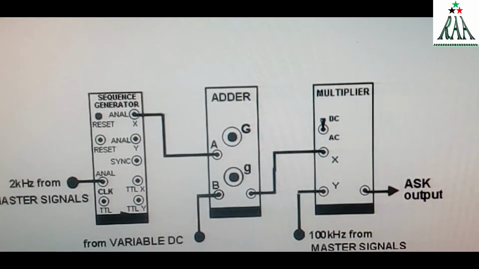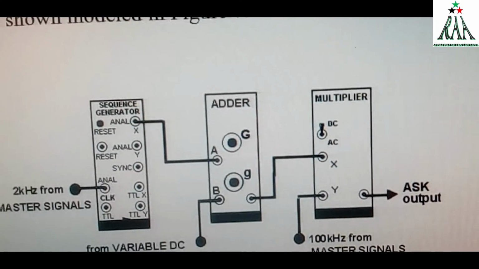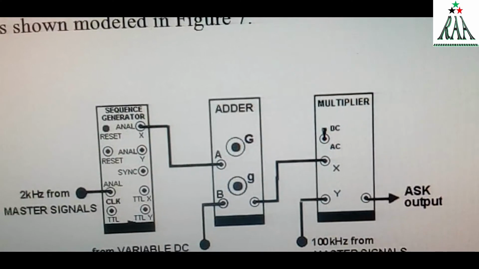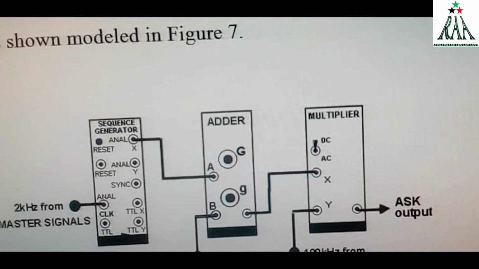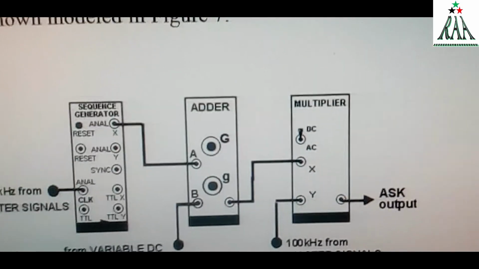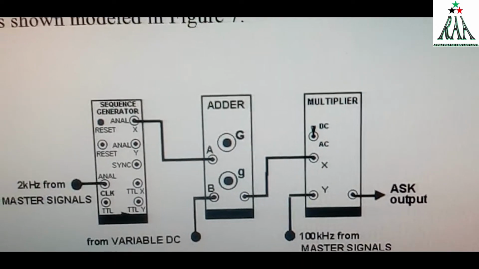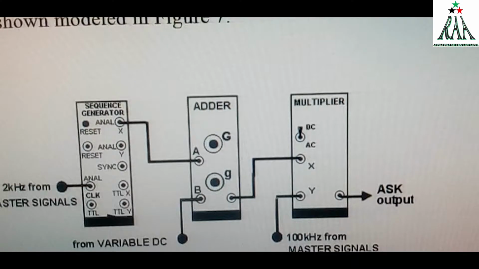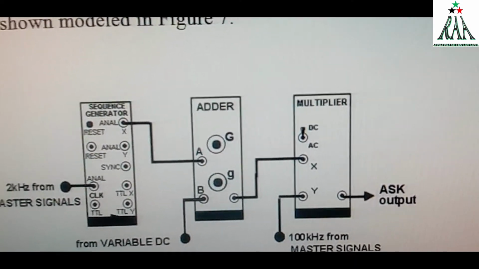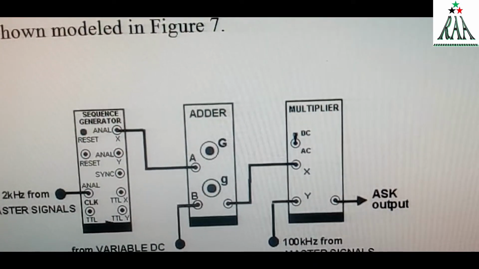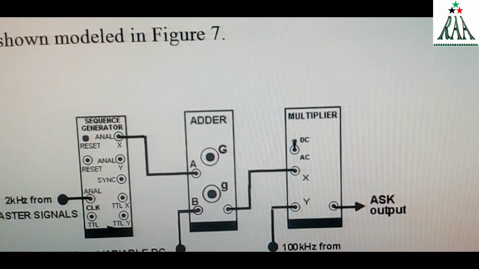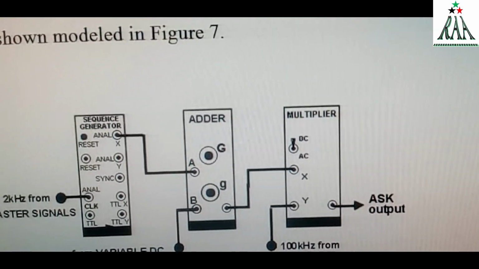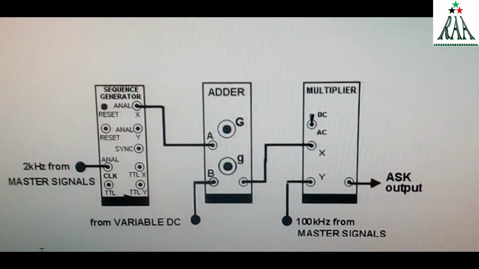We will use three blocks to generate the ASK signal. First is the sequence generator, second is the adder, and third is the multiplier. We will use a clock of 2 kHz, which is the message signal from the master signal, a variable DC input to the second input of the adder, and the first input taken from the sequence generator.